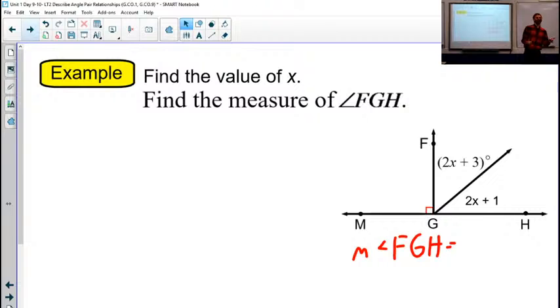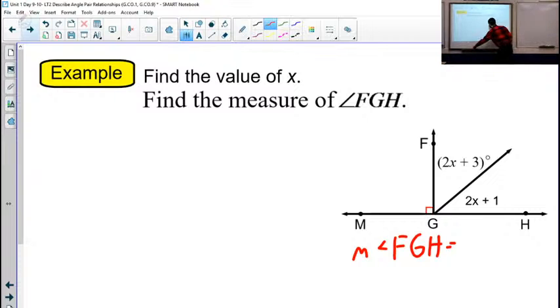So how many feel confident that they know what FGH, F to G to H, is? How many are confident that they'd be able to tell me what that measurement is? Okay, a couple of you. For those of you that are able to tell me, see if you can write a sentence explaining how you know. Because it doesn't tell you the measurement.